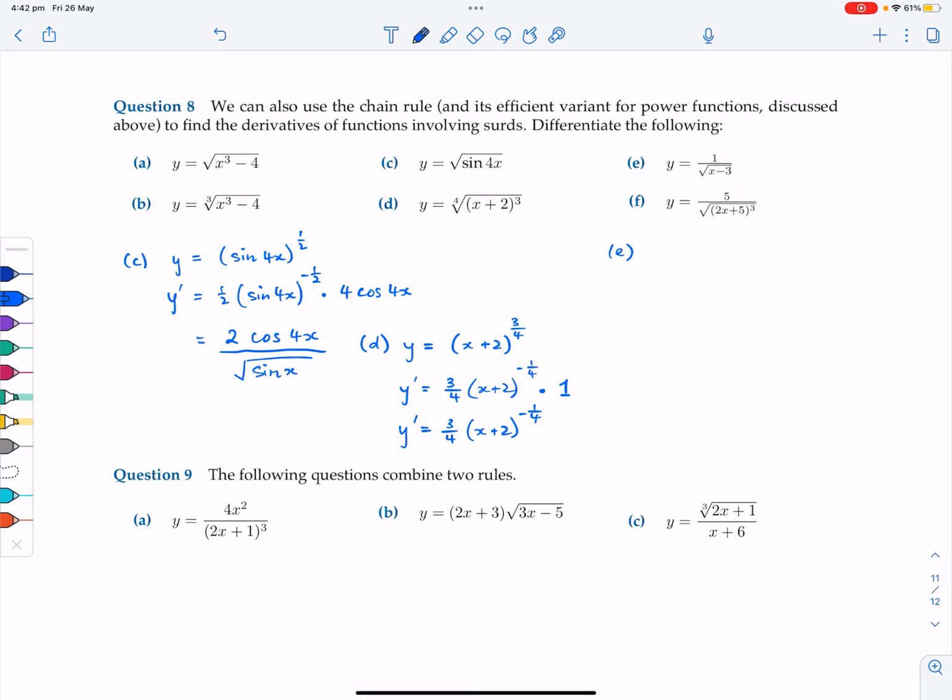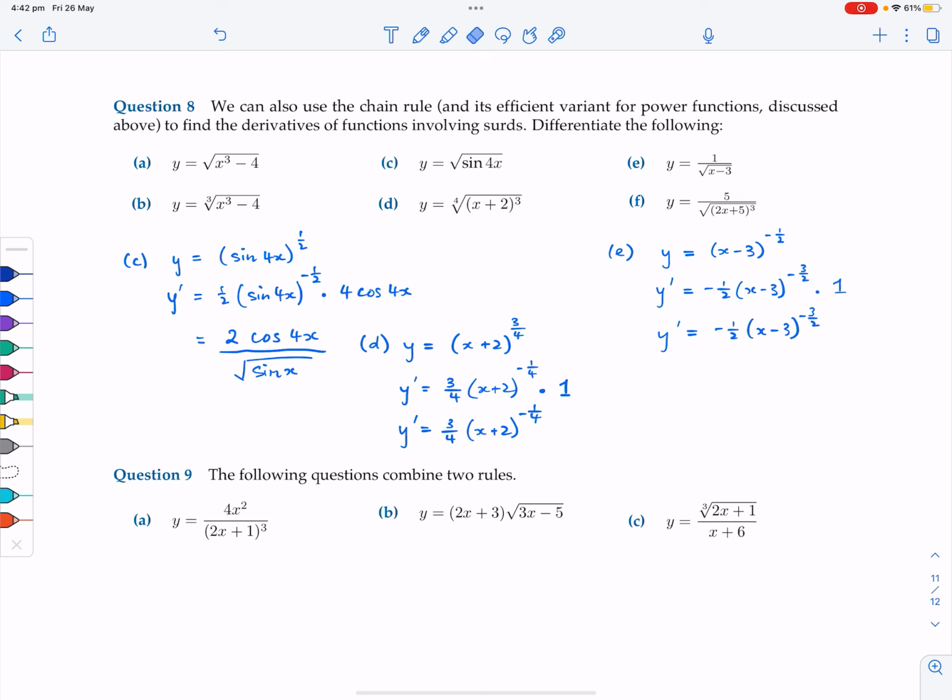Okay, E. y equals 1 over square root of x minus 3. So I've got y equals x minus 3 to the power of negative a half. And then y dash is negative a half x minus 3 to the negative 3 over 2. So subtracting 1 from the index, I need to multiply it by the derivative of the inside. And so that can just stay as it is.